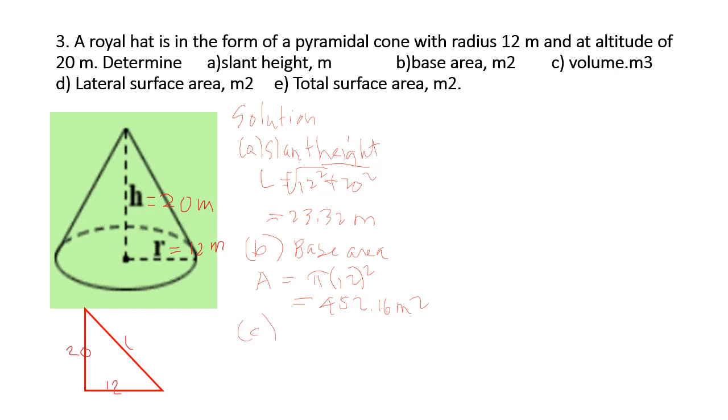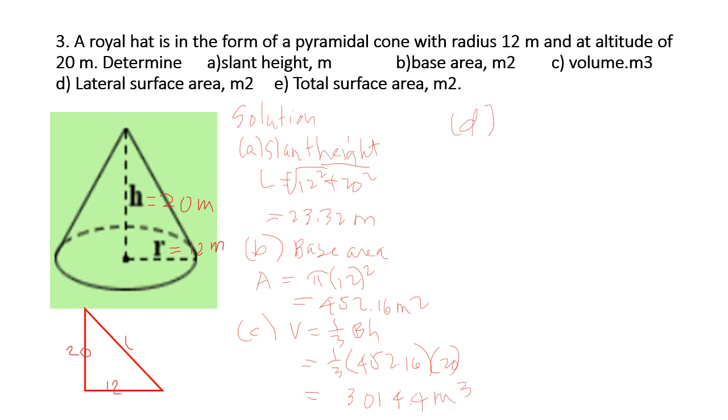Letter C is volume, 1/3 BH equals 1/3 times 452.16 times 20, equivalent to 3014.4 cubic meters.